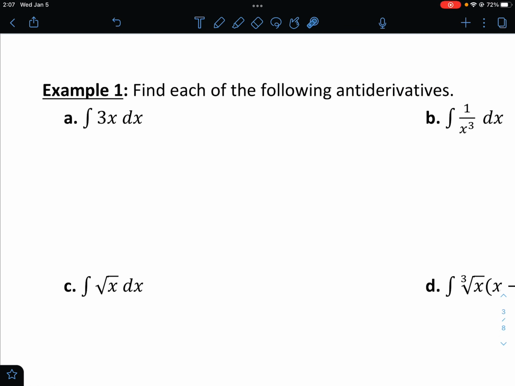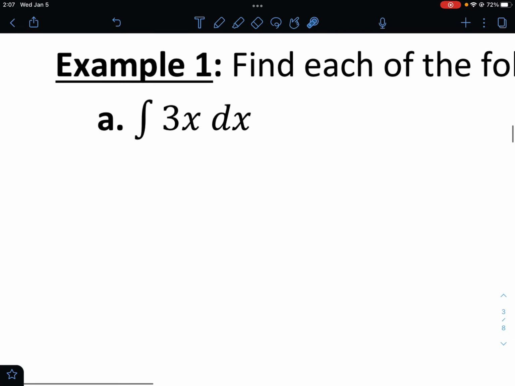All right, we're going to jump right into some antiderivatives, or indefinite integrals. They mean the same thing. Either way, we're trying to find the antiderivative of the function. So we have 3x, which we don't need to do this, but maybe for right now, we want to write it like this just to kind of see what we're doing here. We use the power rule on this.